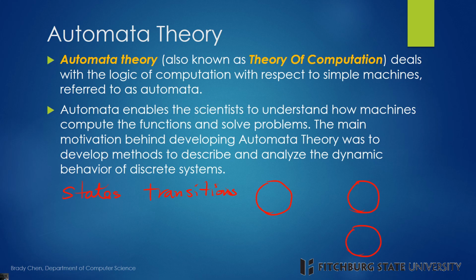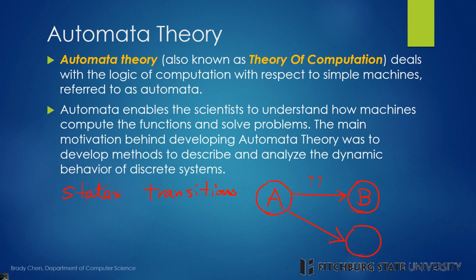The transition is represented by arrows between circles. Under certain conditions, one state, say state A, can be transferred to another state.